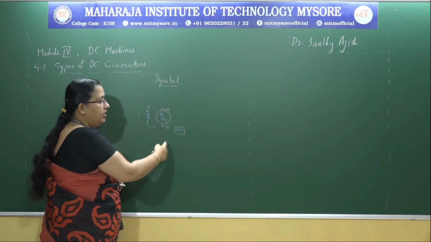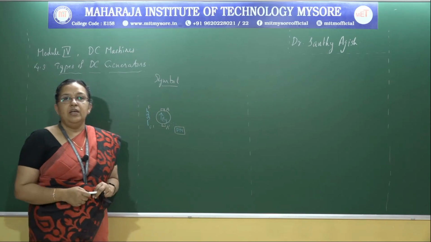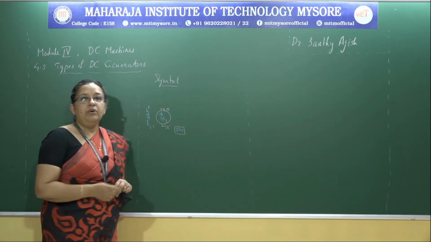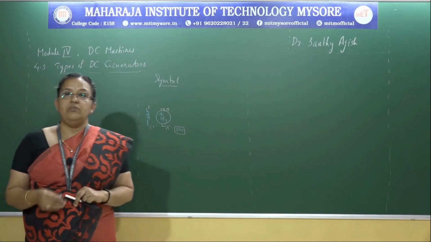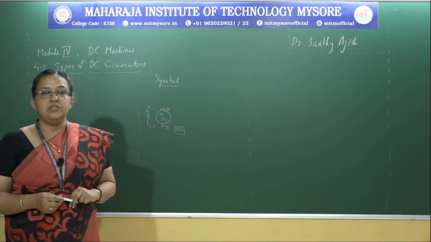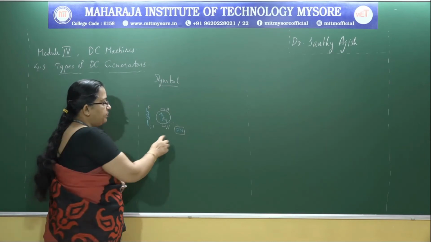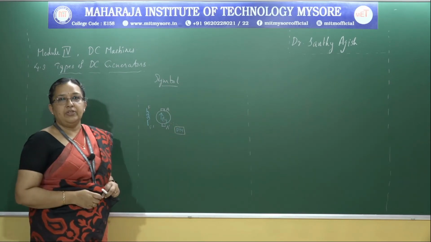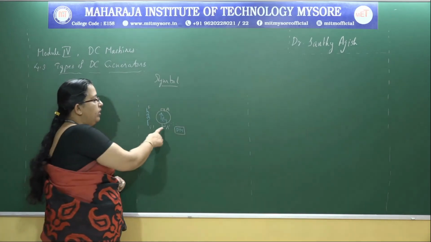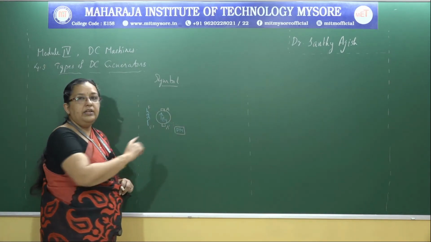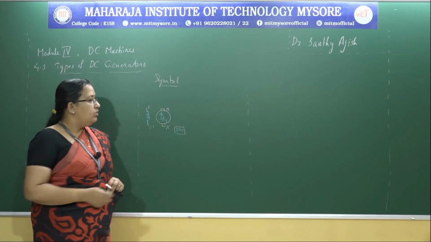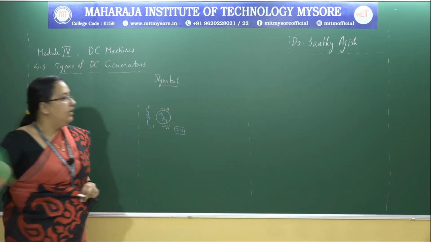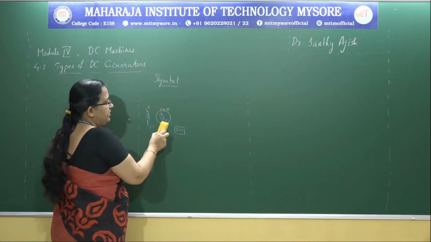These are the things by which you represent a DC generator. When we talk about the electrical characteristics, the voltage and current, we normally don't show the prime mover because that is a mechanical connection. So we can ignore the prime mover in further discussions. So that's about the symbol, or how to represent a DC machine or DC generator.